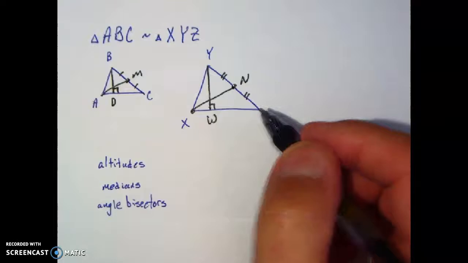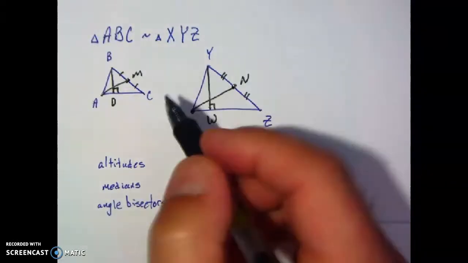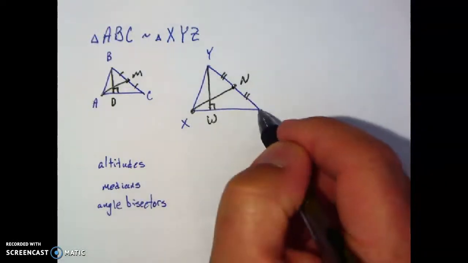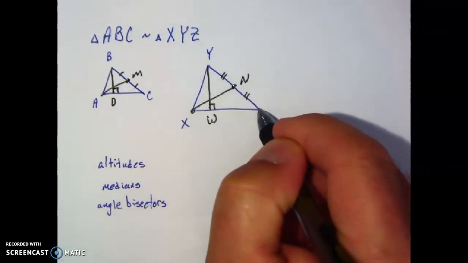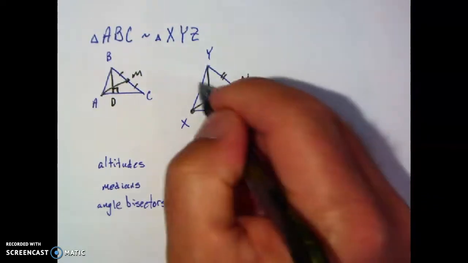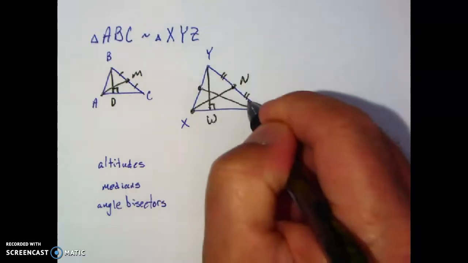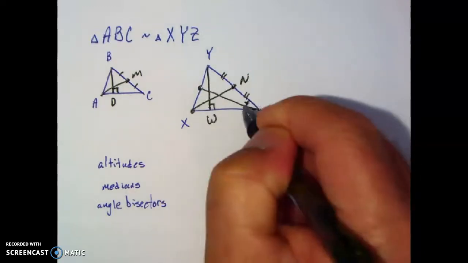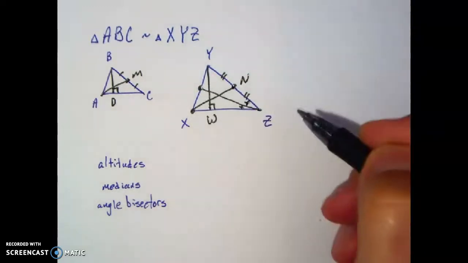Now an angle bisector, again, if we're talking about corresponding angle bisectors, if I go from Z and it cuts this angle into two congruent parts, it's going to intersect this side over here somewhere. Remember this is an angle bisector, so this is being cut into two congruent parts.